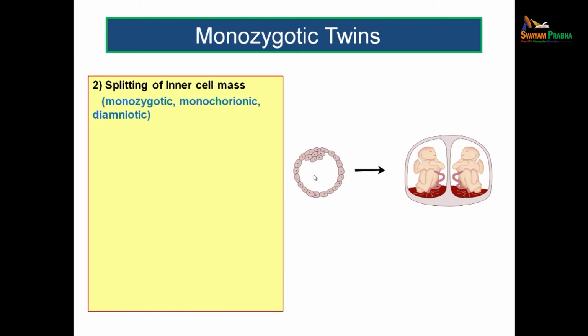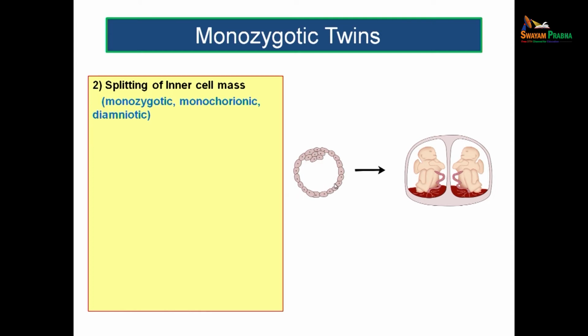So, what will happen in this condition? You can see that the placenta is almost shared. That means they will have a monochorionic cavity. The chorionic cavity will be the same for both the fetuses because the division is happening within the single chorionic cavity. The inner cell mass is going to divide.